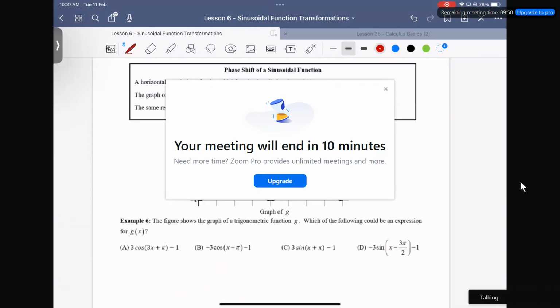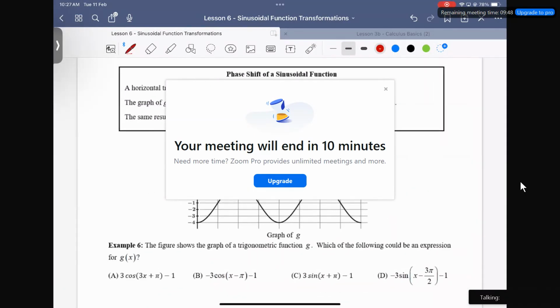Okay, we're going to look at the phase shift now. This gives us a horizontal translation. So it's an additive transformation. The trick with this one is here. Notice how we're going to subtract the phase shift to the right first.